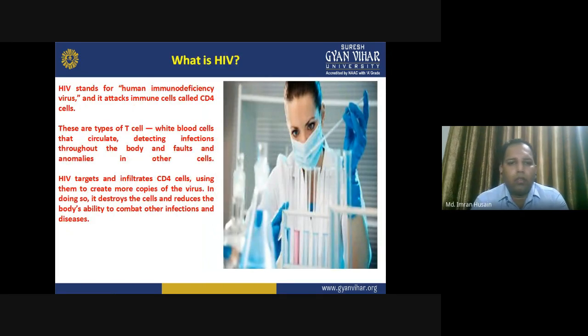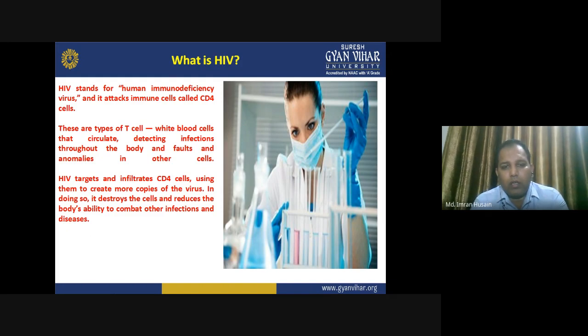HIV stands for Human Immunodeficiency Virus, and it attacks immune system cells called CD4 cells. These types of T cells are white blood cells, okay, that circulate detecting infections throughout the body, and faults and anomalies in other cells.